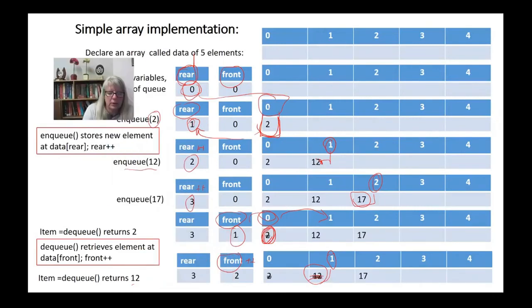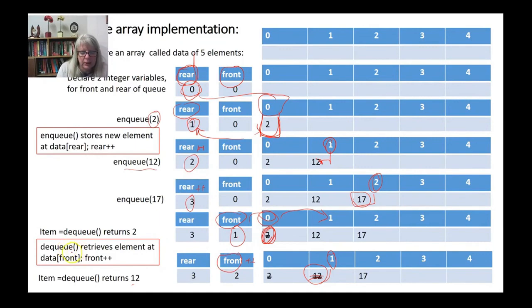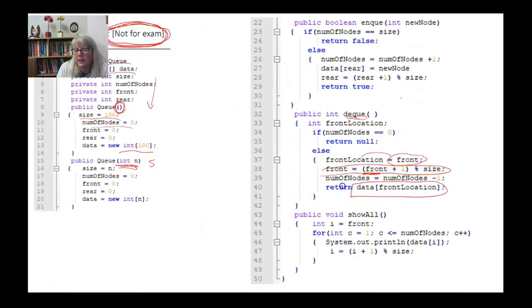DQ retrieves the element at front and then increments front. Because you first want to retrieve the element, you could have stored it in a temporary variable and returned that later, or you can store the place where you want it in a temporary variable, and that's what they've done. They stored the place where they want to delete it in a temporary variable.